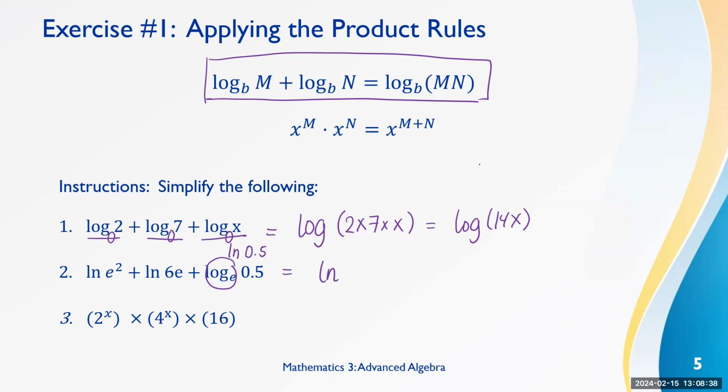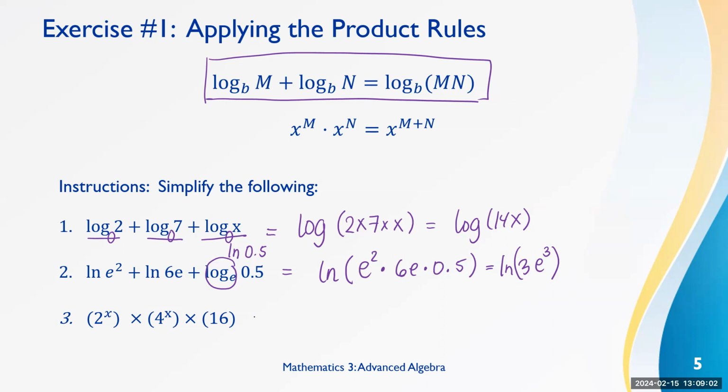We multiply them. So we have e squared times 6e times 0.5, which gives us ln of 3e cubed. 6 times 0.5 is 3, and e squared times e is e cubed.